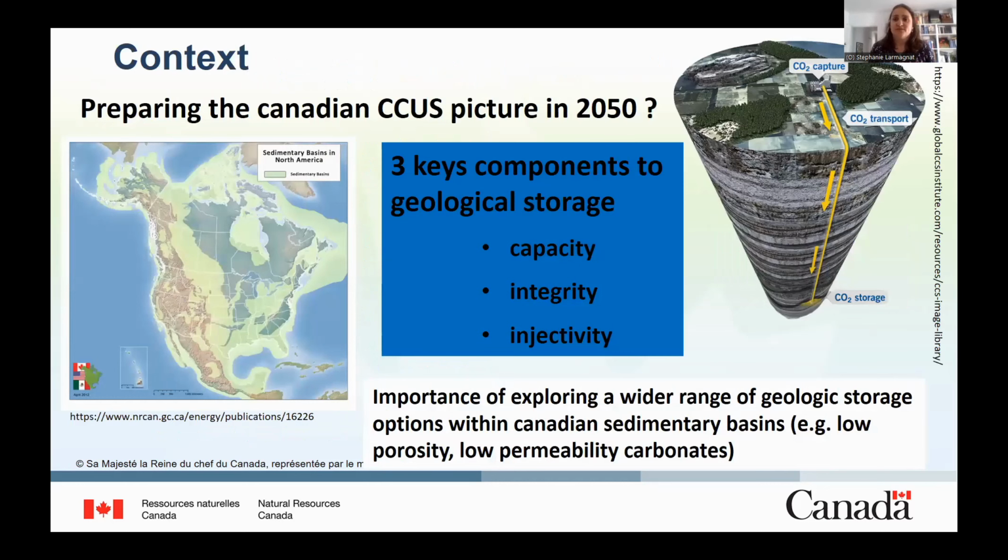So the context of the work, as I said, it's funded by OERD, and the context is really trying to provide data and knowledge to prepare the Canadian CCUS picture, what it will be looking like in 2050. So hopefully we will provide new data.